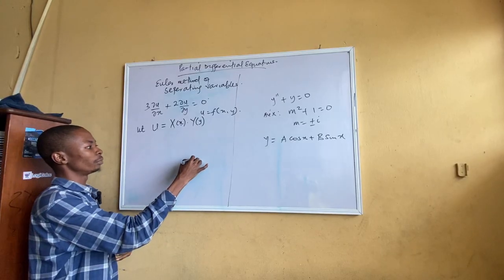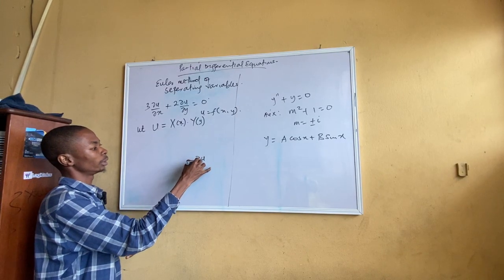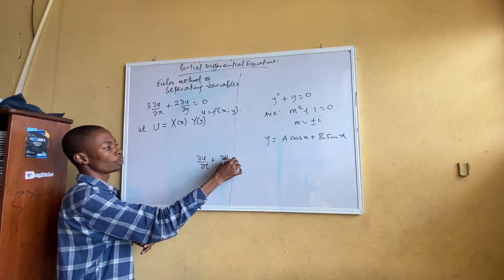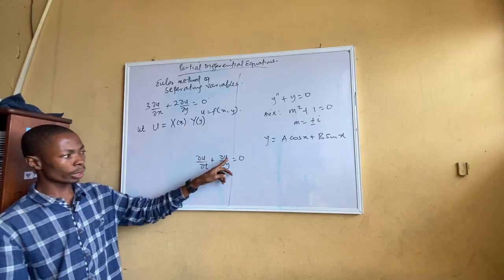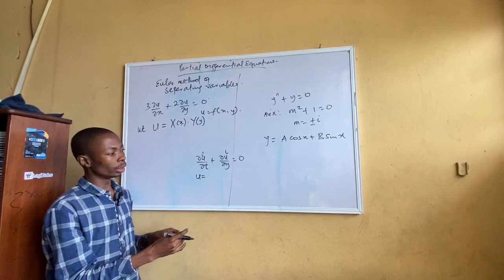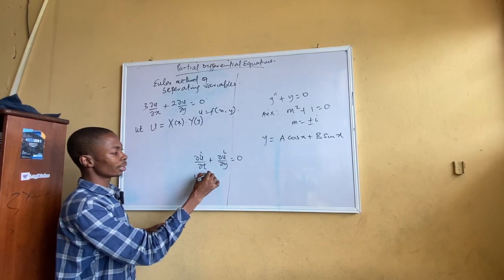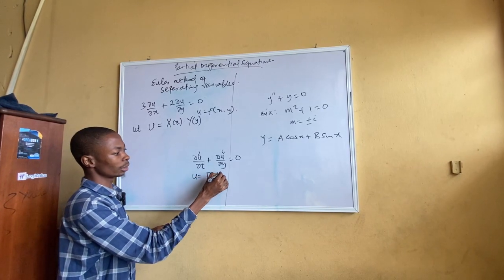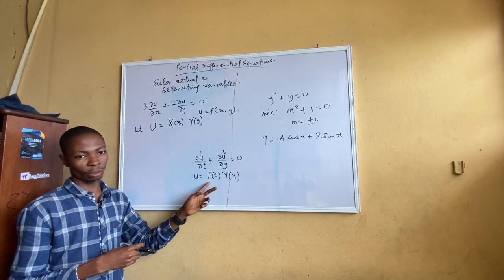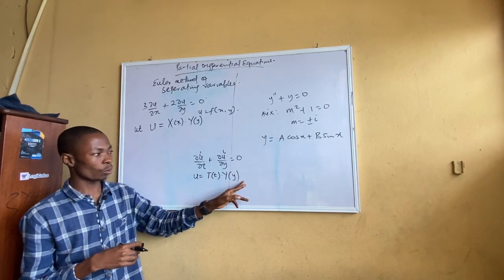Assuming that I have a partial differential equation like this, du/dt plus, let's say, du/dy equals 0. This u, the solution, we are going to say let u equals T, a function of t, times Y, a function of y. That's the assumption we are going to make: let u equals T(t) Y(y).